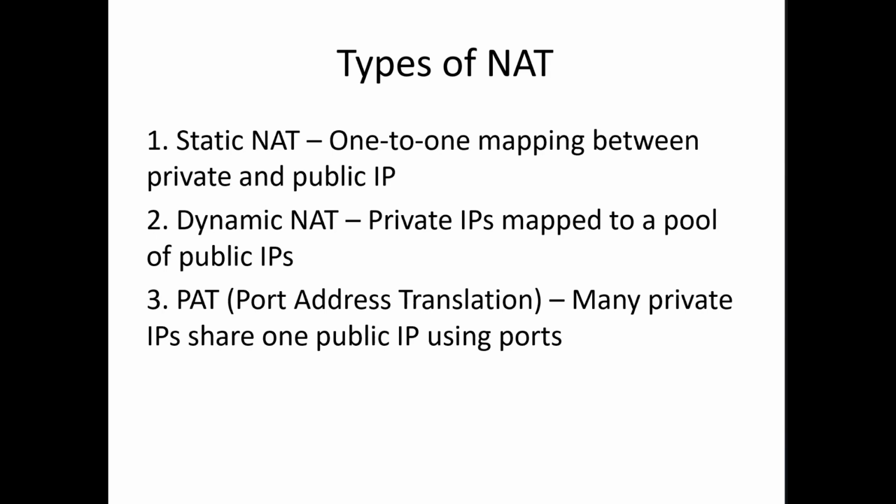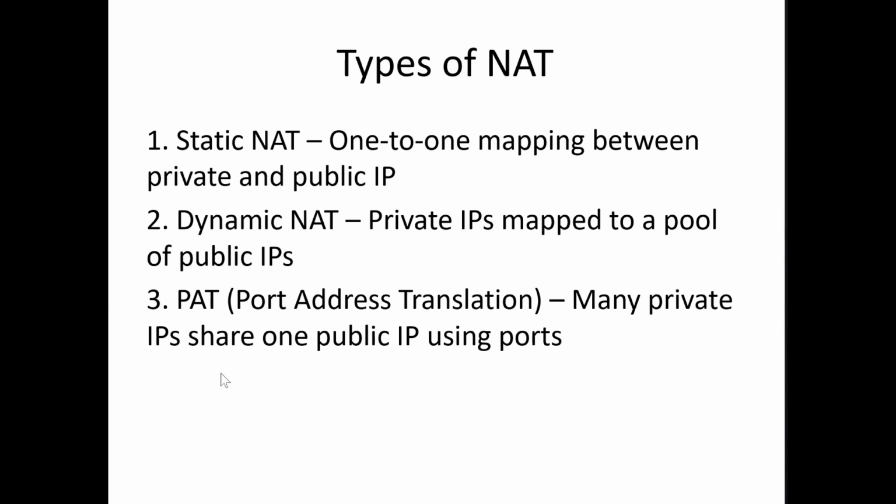The third one is PAT, that is Port Address Translation. This is actually the most common one. In this, many private devices share one public IP, but the router uses different ports to keep track of these devices.